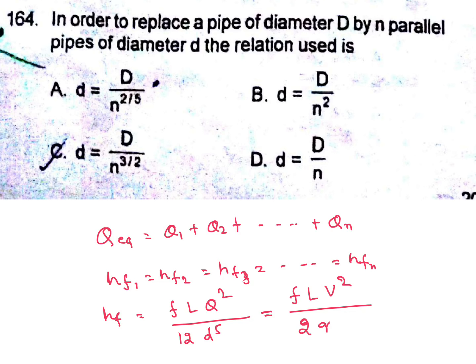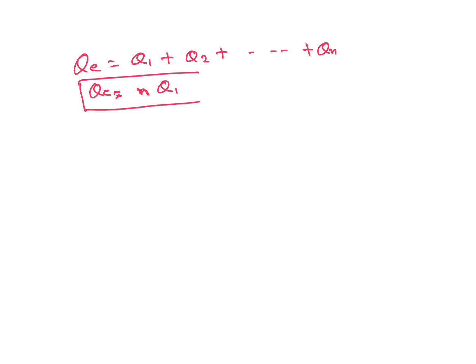So parallel connection, we will do Q equivalent equal to Q1 plus Q2 plus up to Qn. All are having same discharge, so n into Q1, Q equivalent equal to n into Q1. HF is FLQ square by 12 d to the power 5.